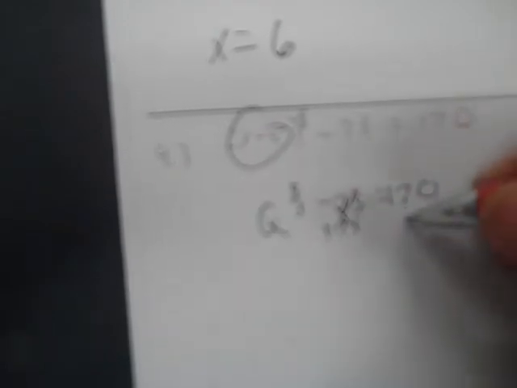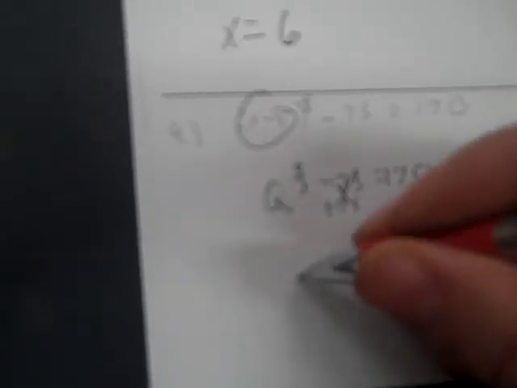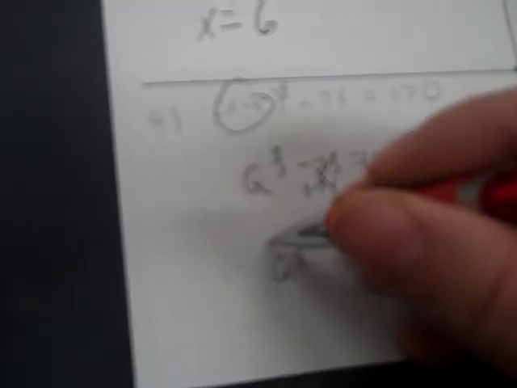Okay, next one. I think it's to the 5/3 power, so I'm maybe looking at 5. But since it's the entire expression, I'm going to want to use my Q and my chart, kind of. So Q to the 5/3 power minus 73 equals 170. Plus 73, plus 73. Q to the 5/3 is 243.